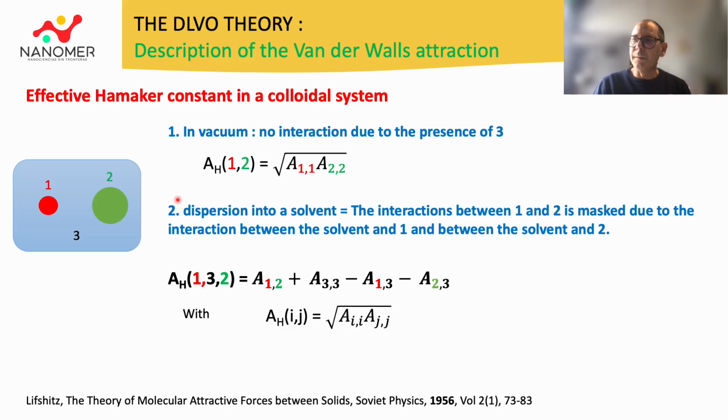if these two chemical entities are placed in a dispersive media, interactions are created between particle 1 and the solvent and between particle 2 and the solvent. And also you have interaction between solvent molecules. So in this case, the equation of the effective Hamaker constant changes to consider the interaction between the two particles, the interaction between solvent molecules, and of course the interaction between each particle and the solvent.